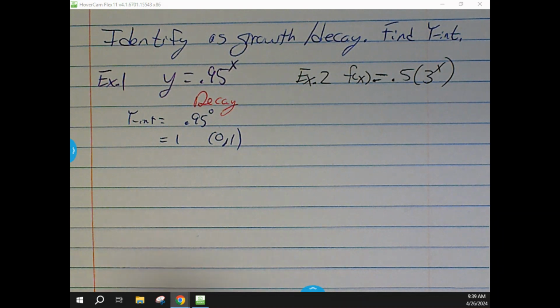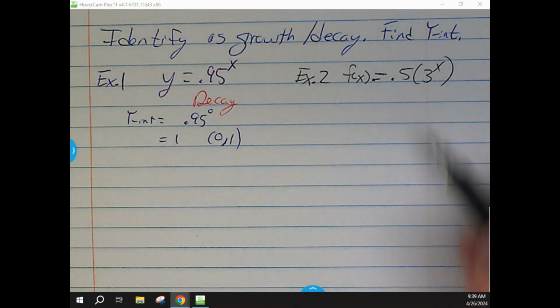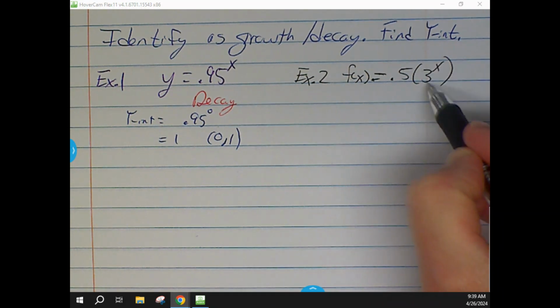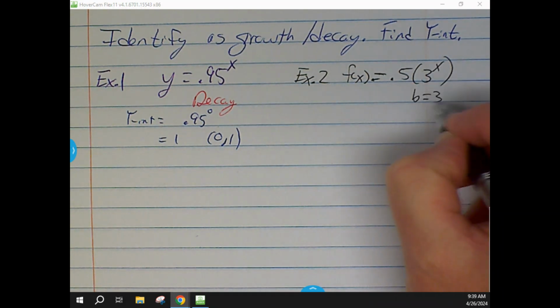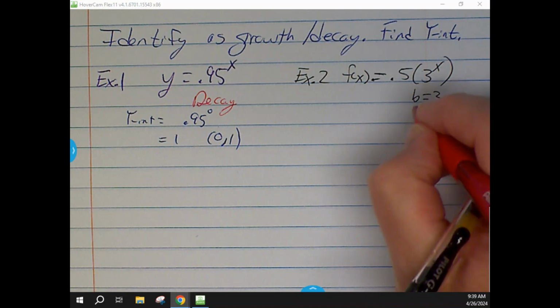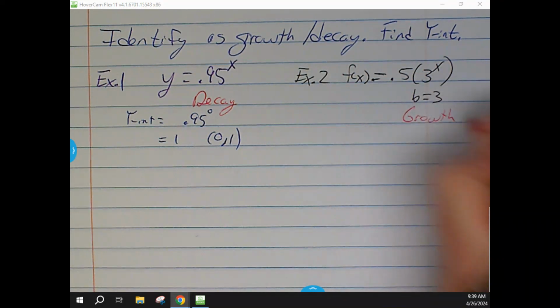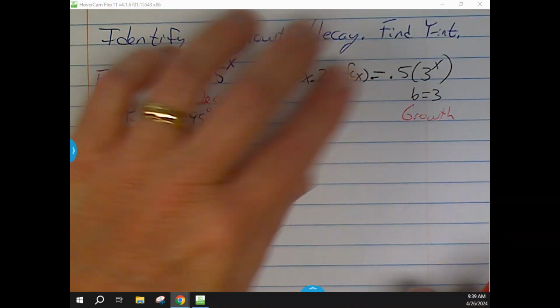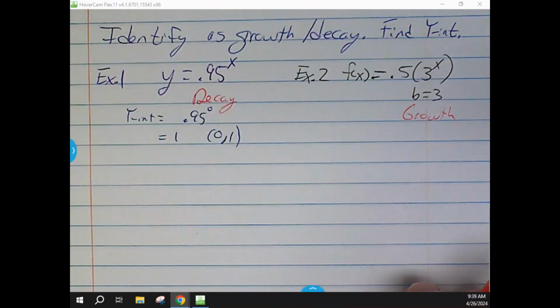Growth. Wait, no, decay. Would the base be that 3 or 0.5? All right, good question. So the base is always the number connected to the x. The 3 is connected to the x. So in that case, your base is 3. So it's growth. So base is always connected with the x. The 0.5 is just out there to throw you off for that part. That's the scale. That's the dilation, if you want to think about it that way.